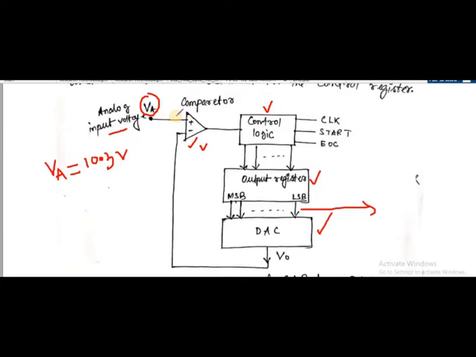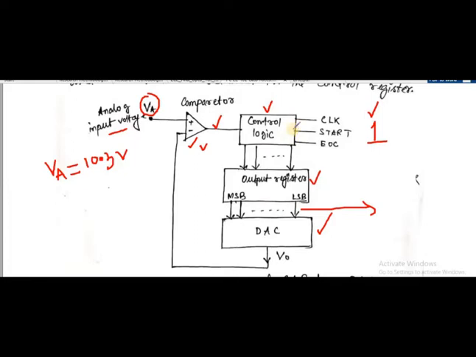So the comparator output will be high. If the comparator output is high, the control logic will make the MSB equal to 1. If I consider here a 4-bit, this is a 4-bit DAC, so obviously it sets the MSB bit to 1.